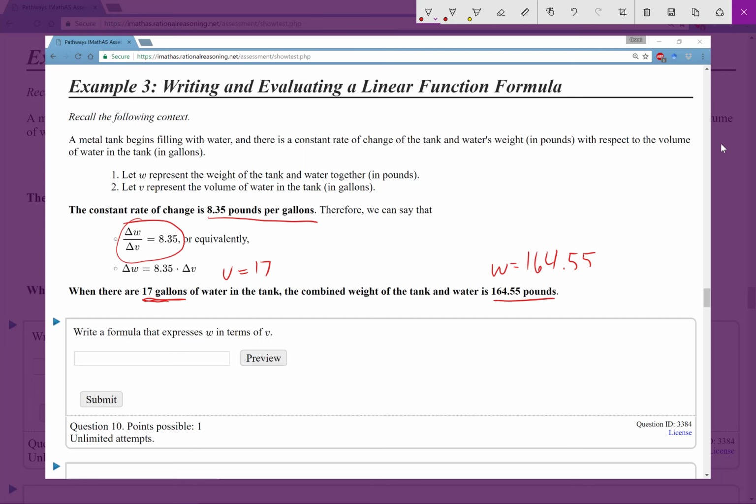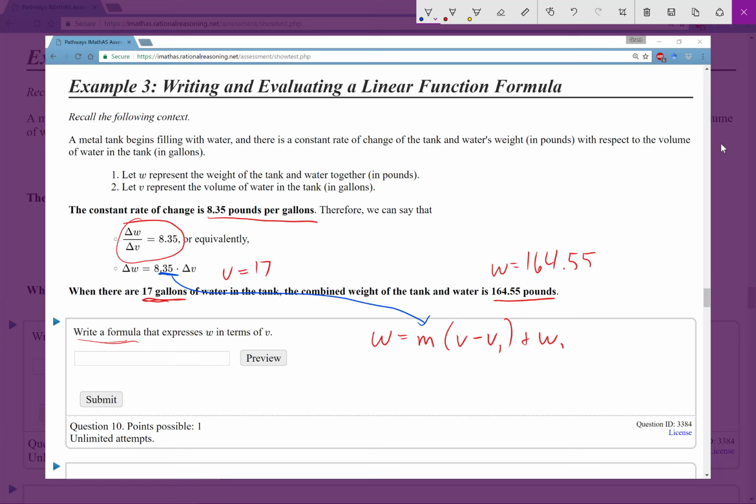Now, if we want to write a formula that expresses W in terms of V, we can use the general linear function formula, which would look like W equals M times V minus our reference value for V plus our reference value for W. Now, we've got some reference values. We know that our constant rate of change is 8.35.